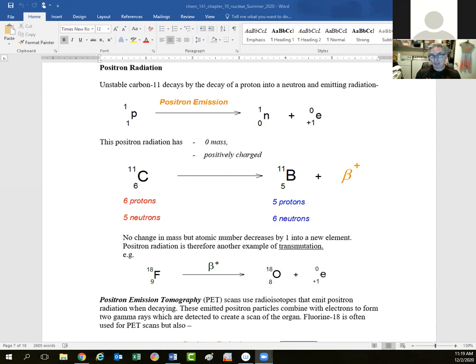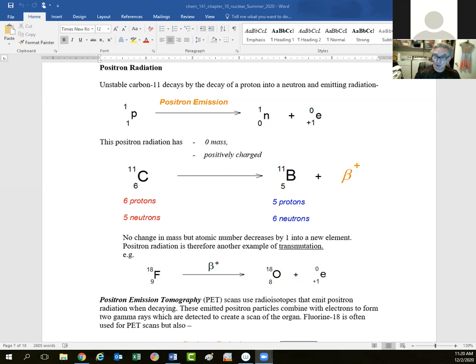It's just a fancy way of saying that they're unstable and they're emitting radiation from the nucleus to try and become stable. And we looked at two of the processes on Monday. We saw we had alpha emitters, which emit a stream of protons and neutrons, and also beta emitters, which emit a stream of electrons from the nucleus.